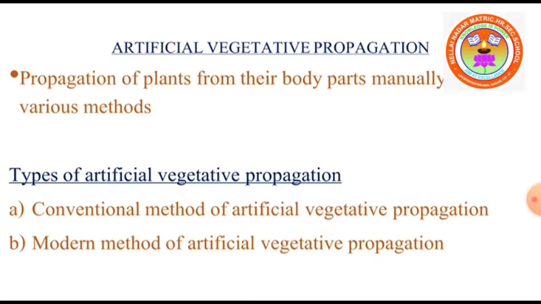But at present, the technology is being improved. New technology is being used for the propagation of plants, so to produce a large number of plants in a very short period of time, we use newer technology. Such methods we call modern methods.